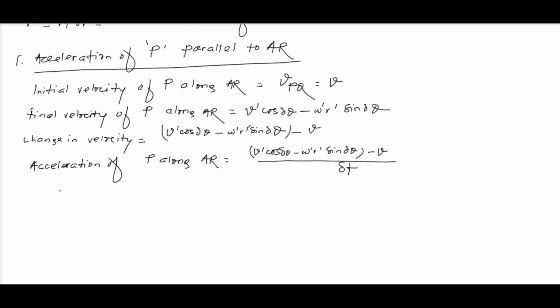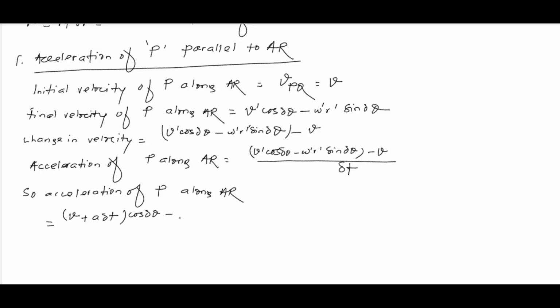Now in the limit, we can say, so acceleration of P along AR will be equal to V plus A del t cos del theta minus, I am substituting the value of final values.